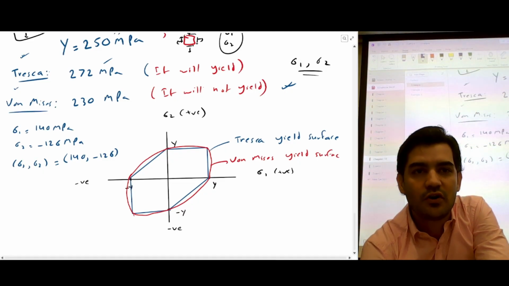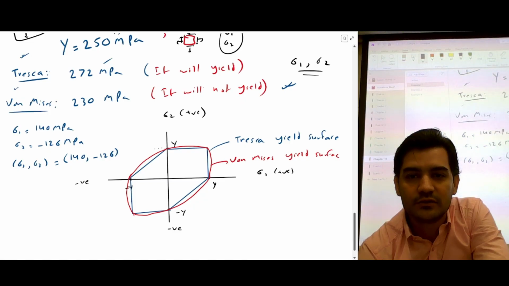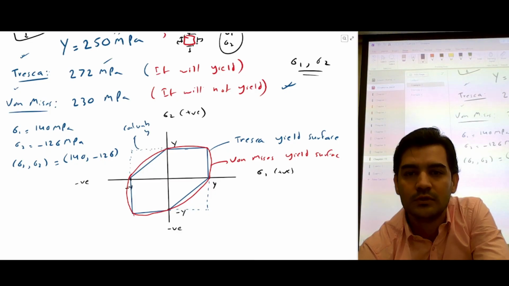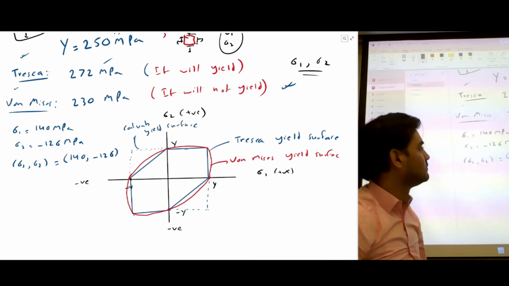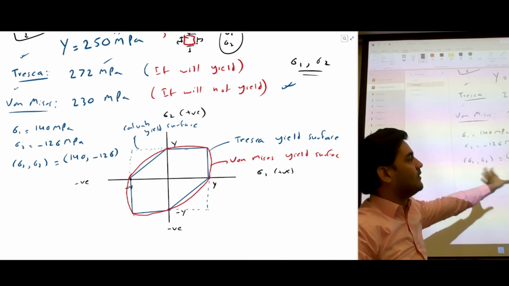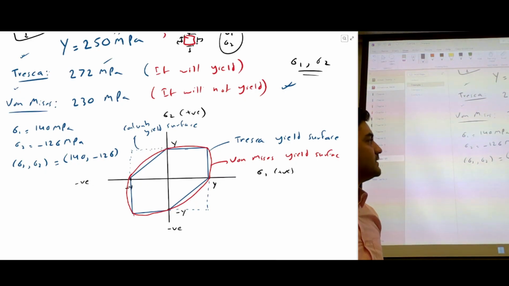And I can also draw the Coulomb yield surface. Coulomb yield surface is just a box. So this is the Coulomb yield surface. They don't change, so you can remember how these yield surfaces look.